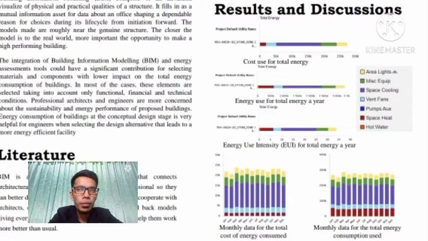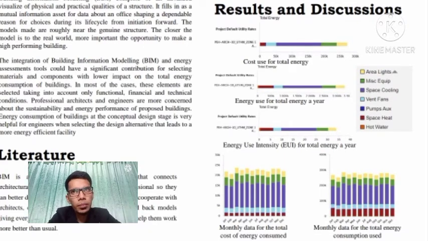And for energy, it is also space cooling that contributes to the building's energy use, at 45% of the total energy. Next is energy use intensity. Space cooling is also one of the major usages, taking 45% of energy.